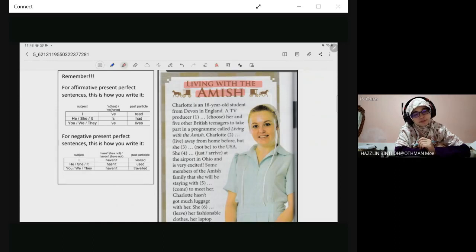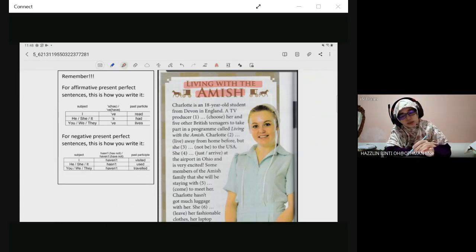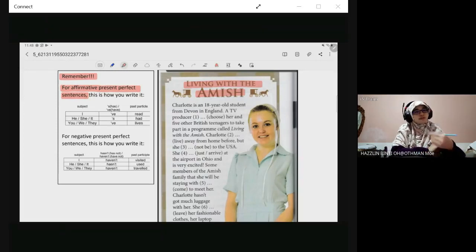You can use these notes here. Remember, for affirmative present perfect sentences, you don't have not. You only have has and have. But for the negative present perfect sentences, you have not.